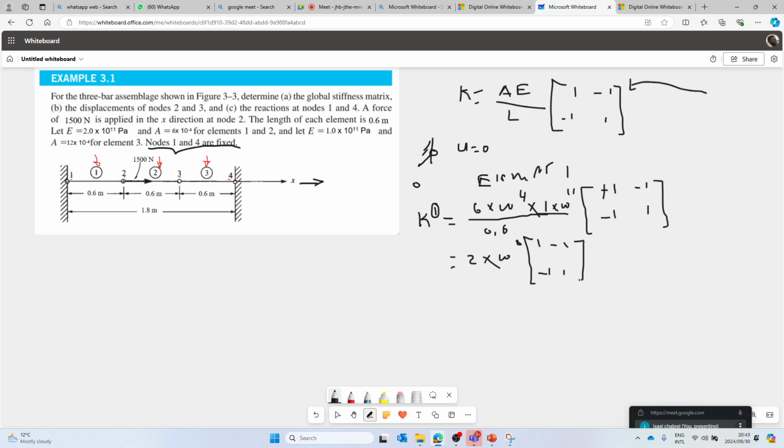But now remember, guys, what you are doing here. The 1, minus 1 matrix is part of the formula.